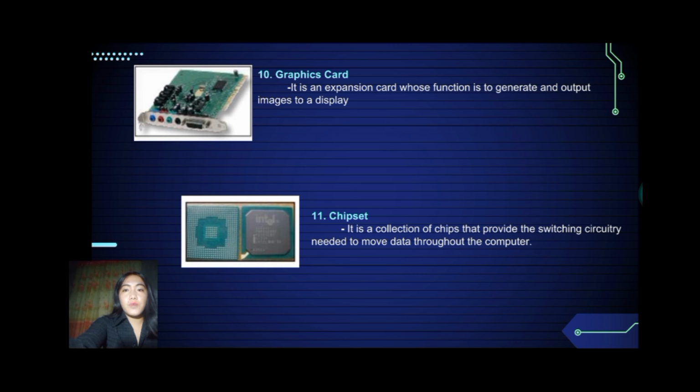This includes the switching circuitry needed to process and transfer data between different components of the computer, such as the CPU, memory, storage devices, and peripherals. The chipset plays a crucial role in enabling the smooth flow of data and ensuring the proper functioning of the computer system as a whole.